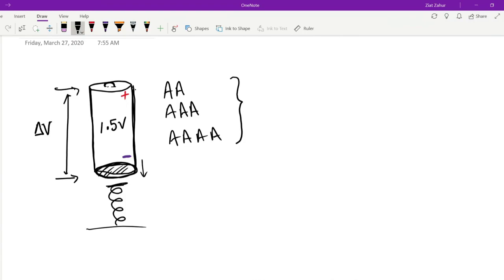Well, depending on how you set up your circuit, you can rearrange where the 0 point is. But to simplify our calculations, we just assume that the bottom is 0 volts, and therefore the top side would be positive 1.5 volts. This is kind of an assumption, but it does make it easy.